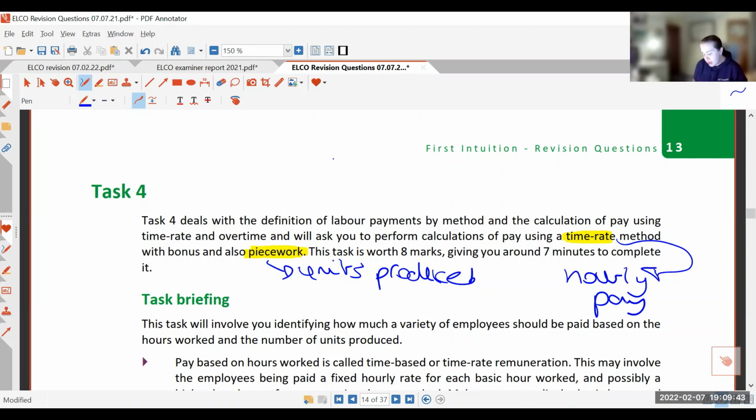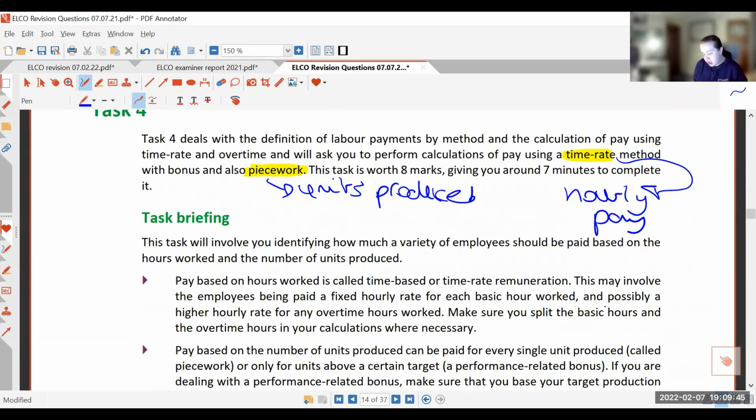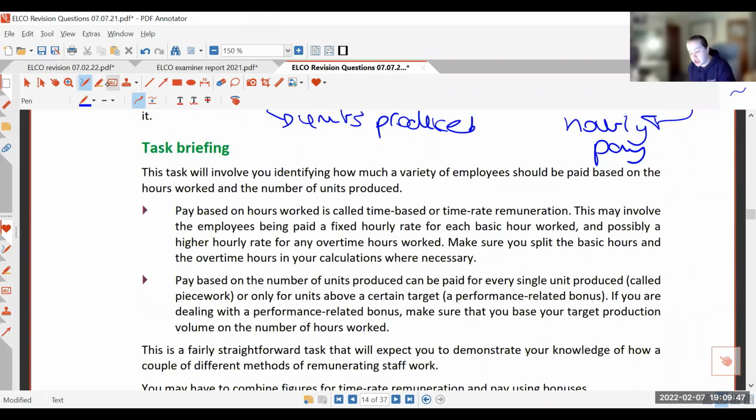The other thing, so yes, we've got a little bit more information here, just to flesh that out. As a reminder, if you're based on hours, that is your time rate remuneration. So an employee works 40 hours and is paid £10 an hour, as we were saying.